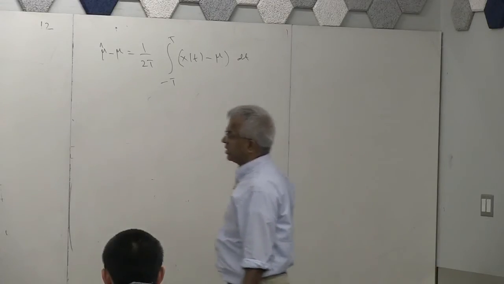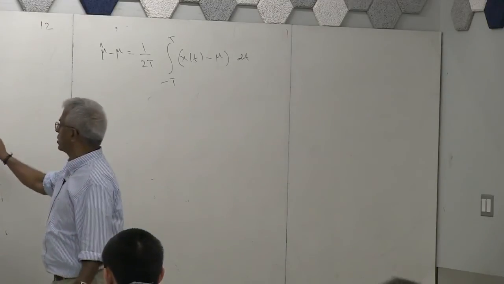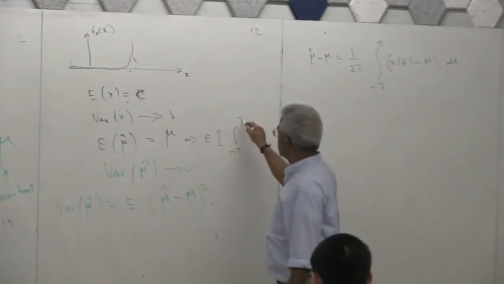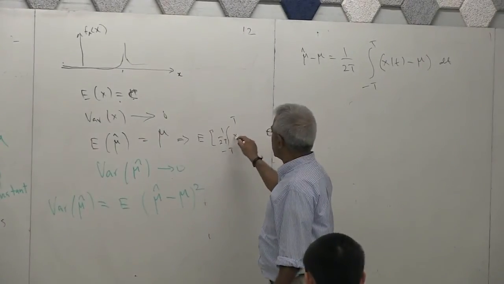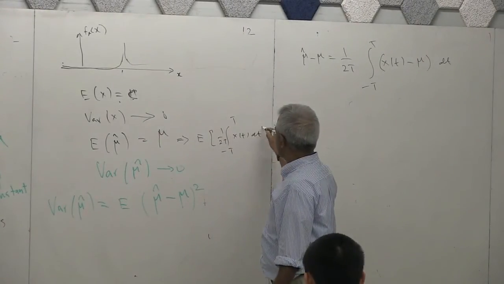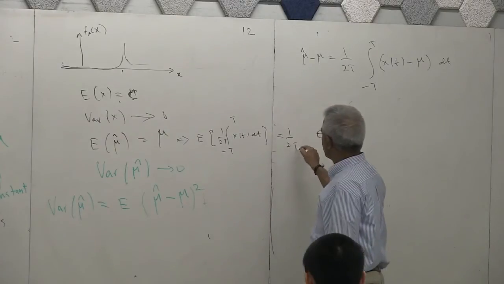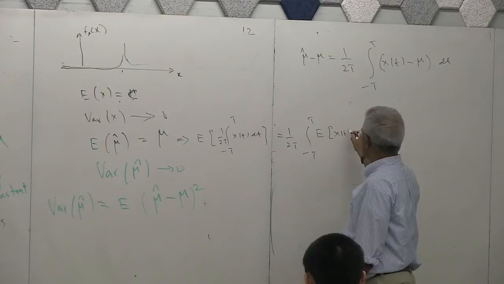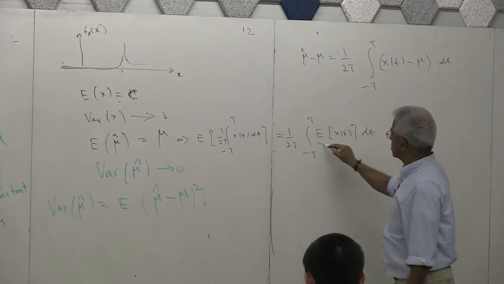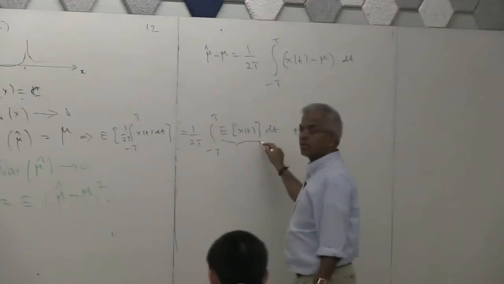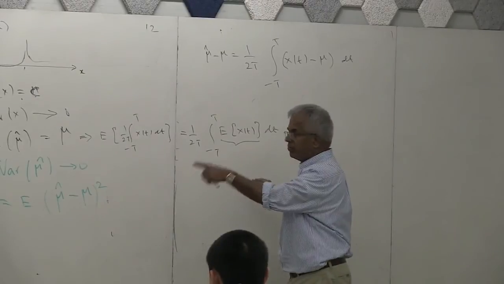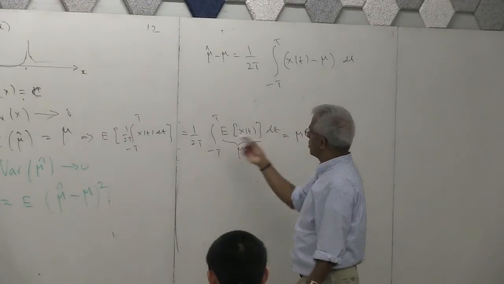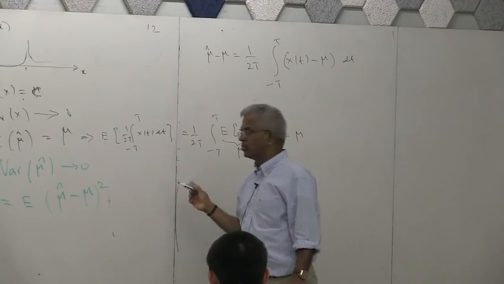You can check, this is true, because the expected value of mu hat is the expected value of the integral from minus T to T of 1 over 2T, x of t dt. This is the same as 1 over 2T, integral from minus T to T, expected value of x of t dt. What is the expected value of x of t? Remember, that's the assumption we made. We need this to be a constant, so that's mu. So the answer will turn out to be mu times 2T over 2T, so that's good.